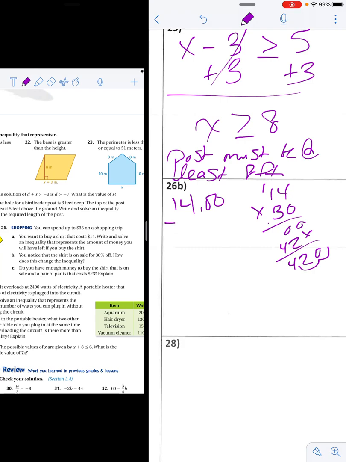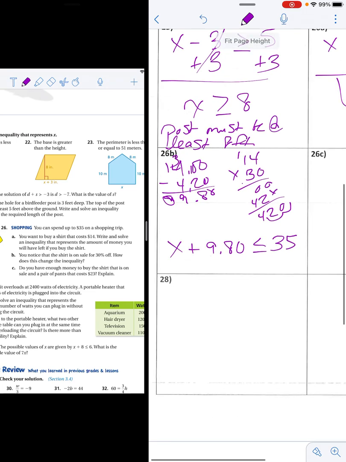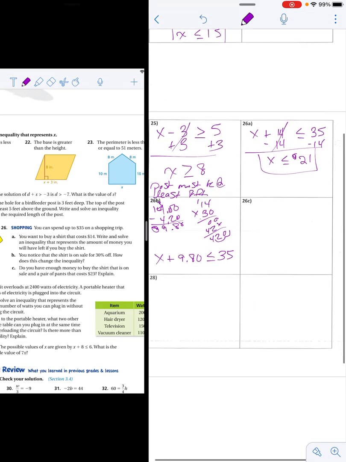So $4.20 off. So if it's 30% off, the shirt's now $9.80. So x plus $9.80 is the shirt, less than or equal to $35. Okay, so obviously you're going to have more money left to spend.